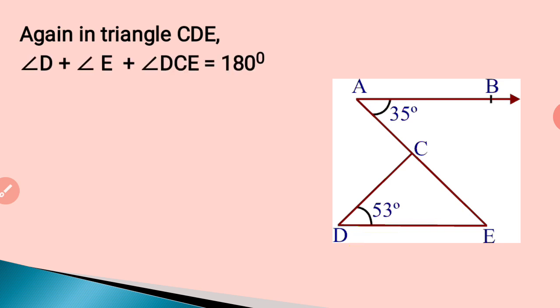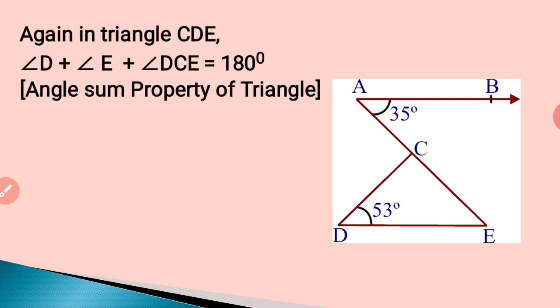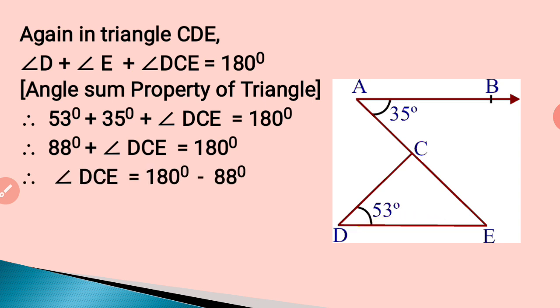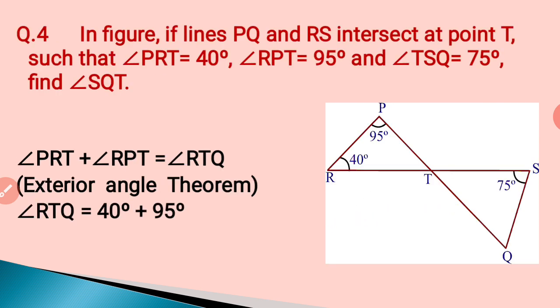So here is what angle sum theorem is. Using it, we can write the sum of three angles to be 180 degrees. After substituting all the values and calculating, we get the measure of angle DCE to be equal to 92 degrees. Now, one more question to go.